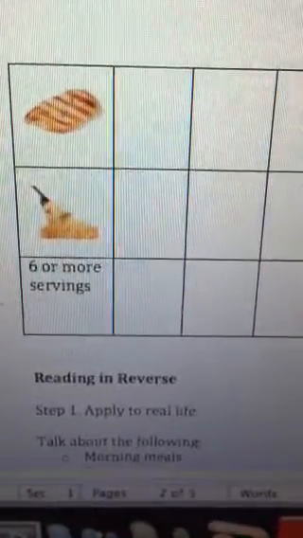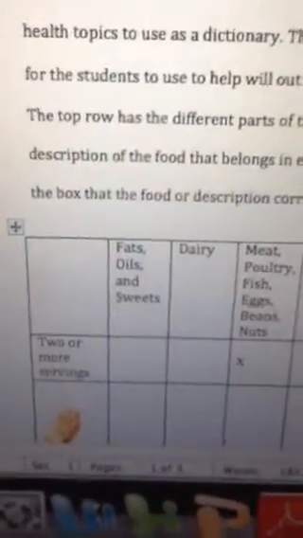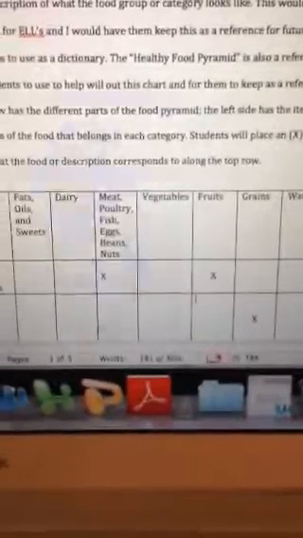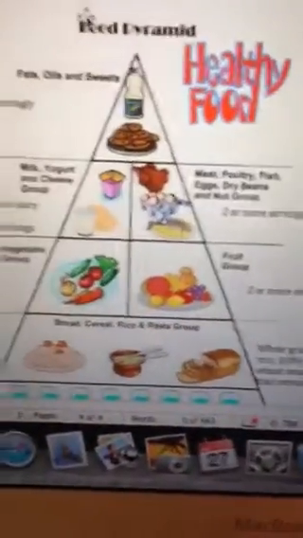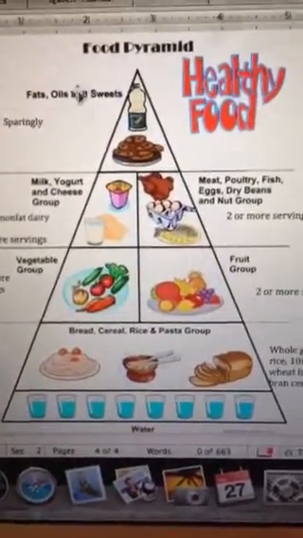So these are the categories, and then don't forget, right up here we have the different categories. So again, you're going to take this chart and you're going to use this food pyramid to help you fill in the different squares.